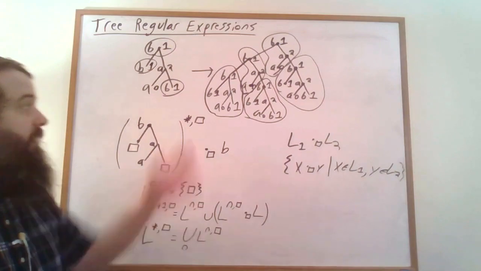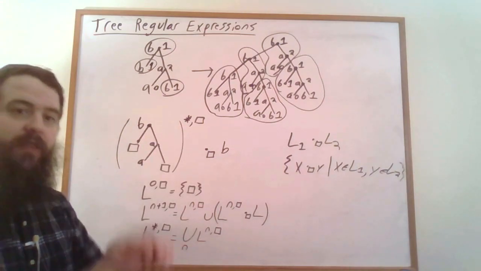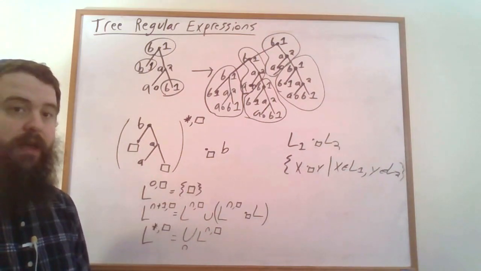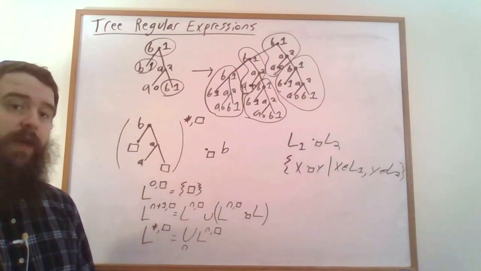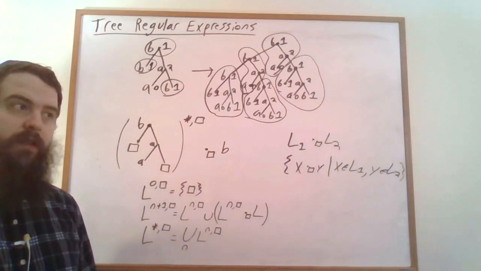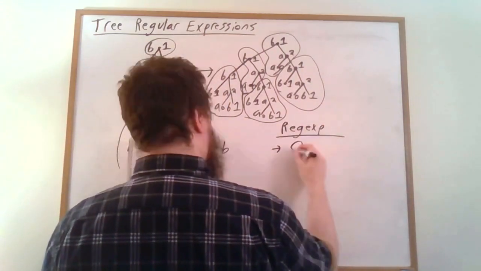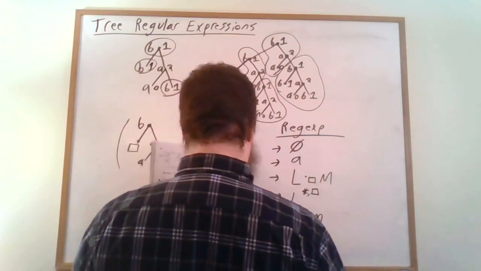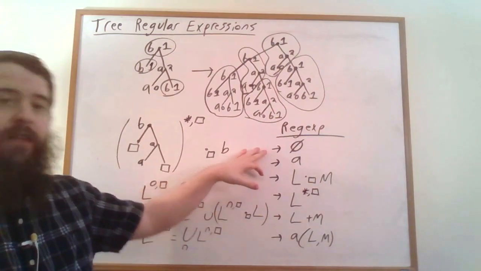And then to define the Kleene star, we'll take the union over all possible n of this language concatenated into itself less than or equal to n times. This is our Kleene star, and it allows us to define a notion of regular expression for our regular languages of tree words. So first of all, we want the empty language to be a valid regular expression.